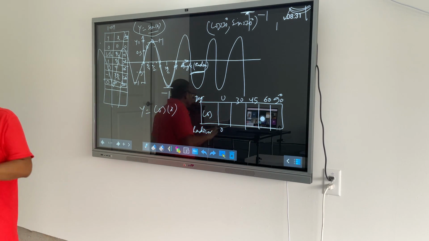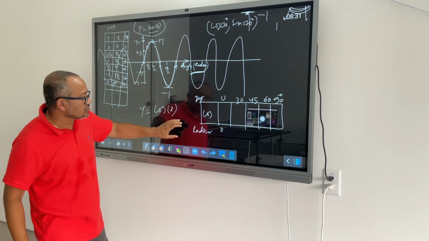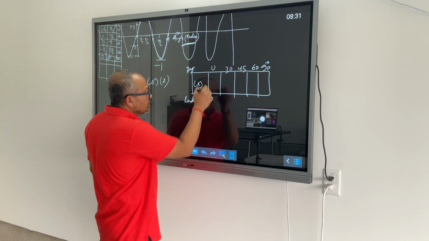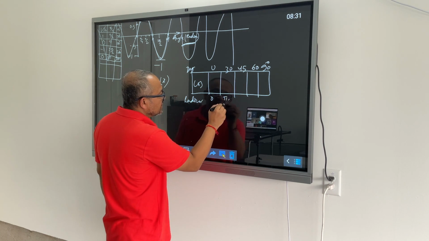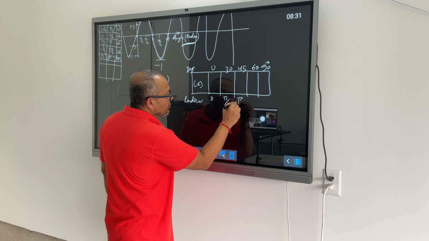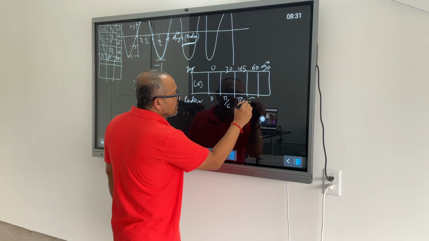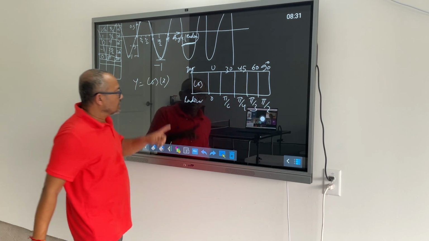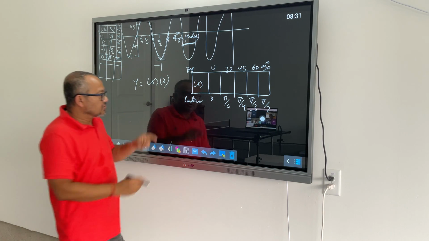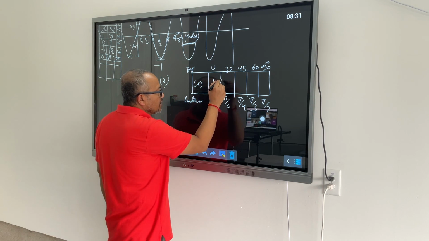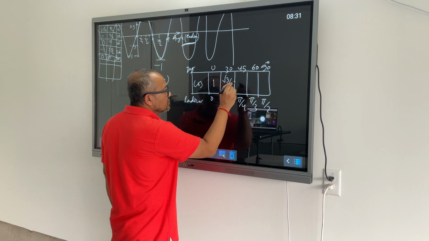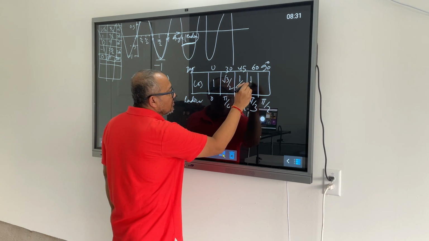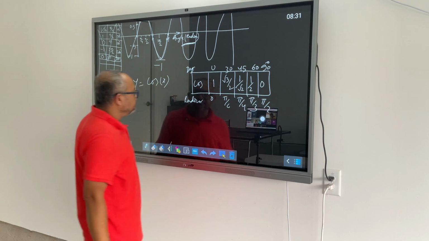Yeah. So now let's come to the cosine curve. Let me put this table real quick. 0 degree, 0; 30 degrees, pi over 6; 45 degrees, pi over 4; 60 degrees, pi over 3; 90 degrees, pi over 2. Cosine of 0 is 1, this is root 3 over 2, this is 1 over root 2, 1 by 2, 0.